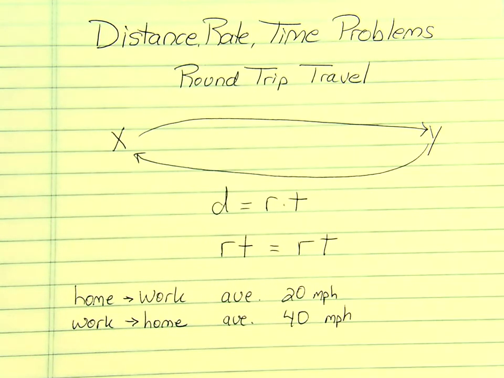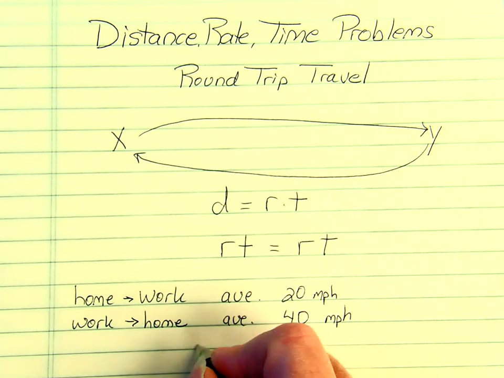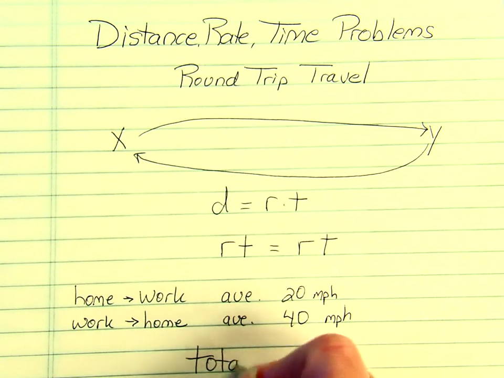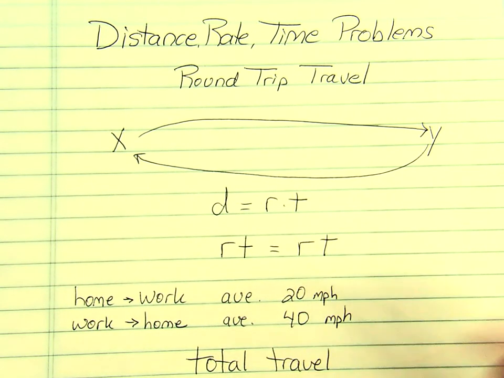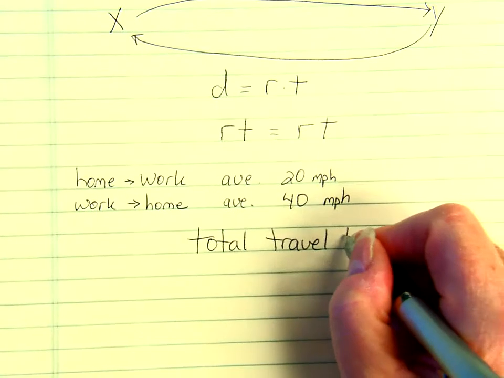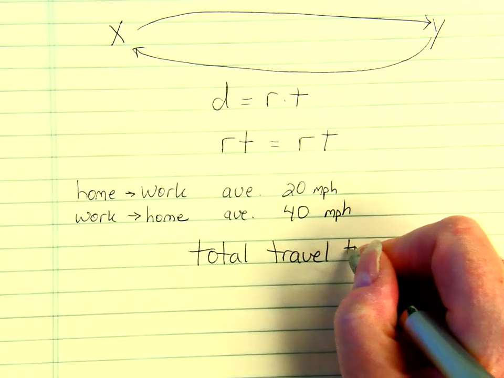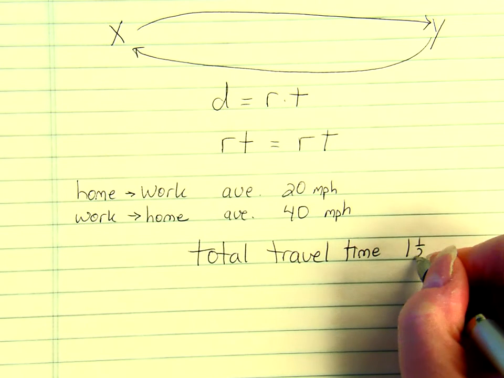Okay, now if the total travel time is 1.5 hours, now we're talking about the total travel time, morning and back and forth. Total travel time is 1.5 hours.